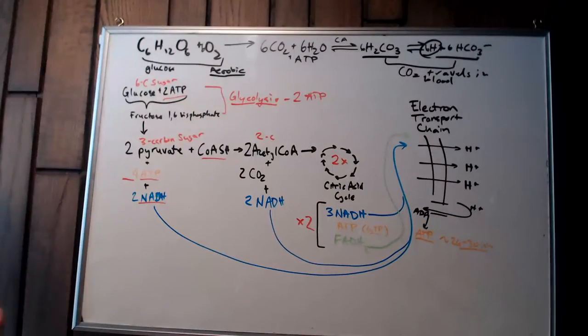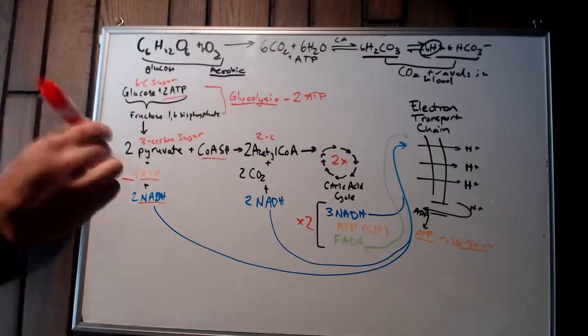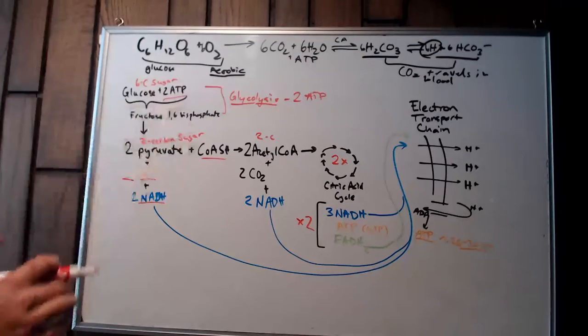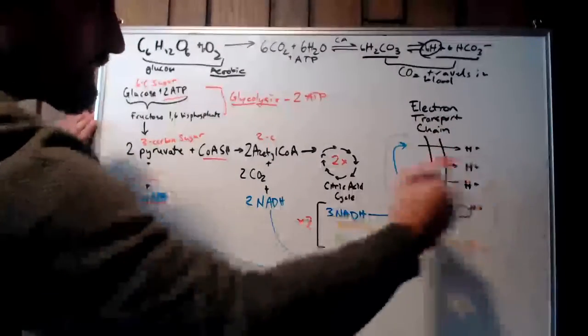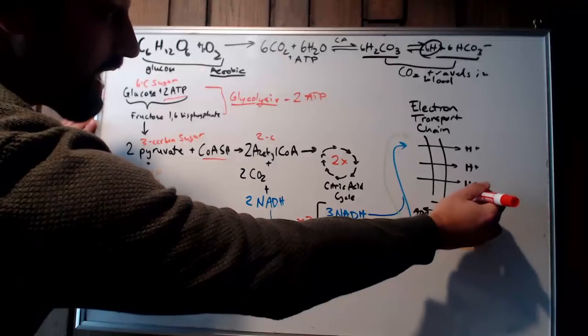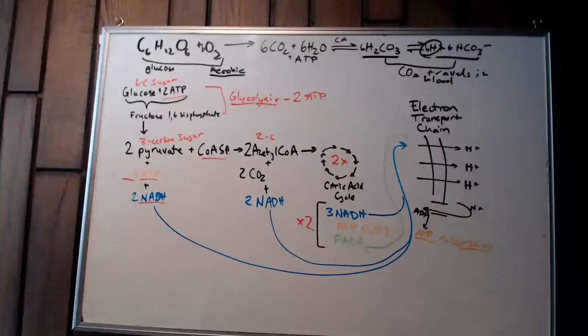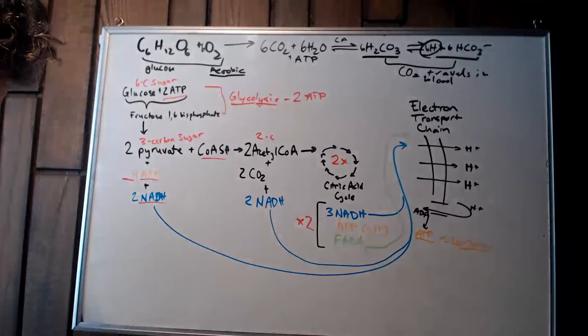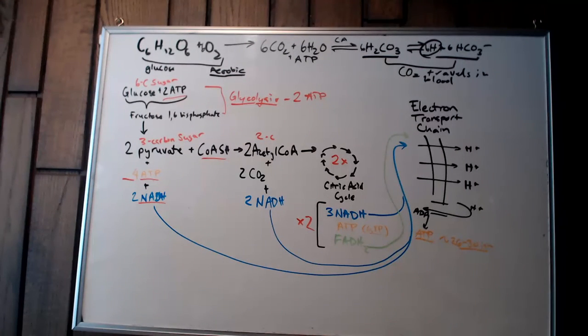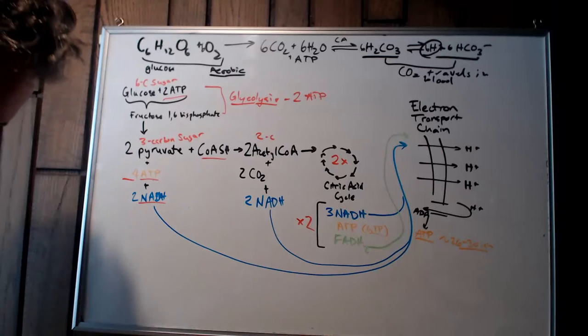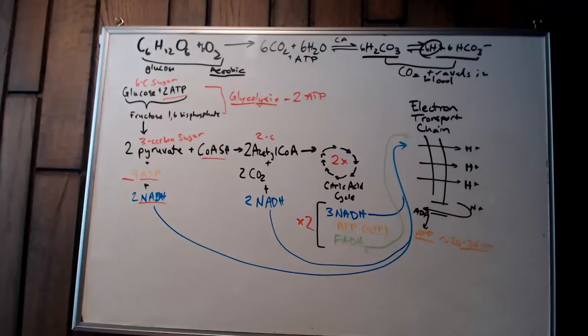The electron transport chain is in the different membranes within the mitochondria, the powerhouse of the cell. We're going to take these hydrogens and shove them across multiple times in multiple ways, so that they then go back through and create a hydrogen gradient, which will feed into an ATP synthase.